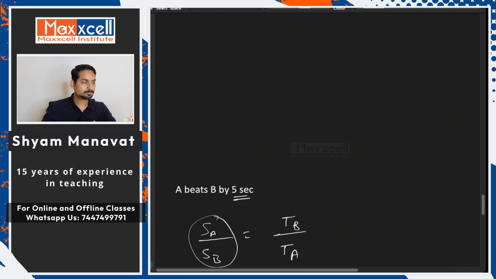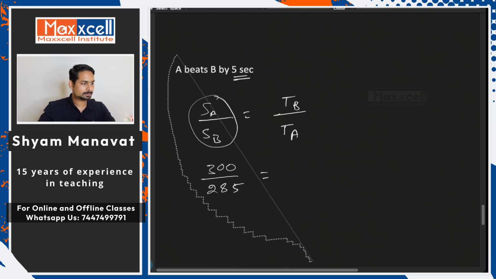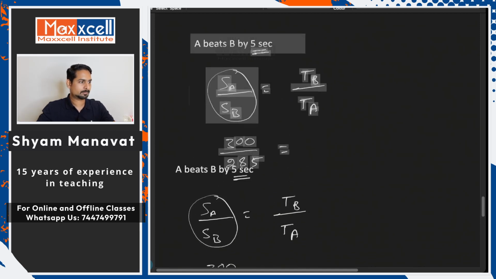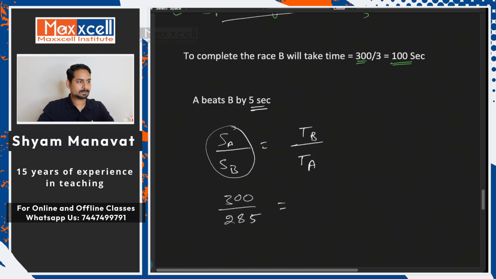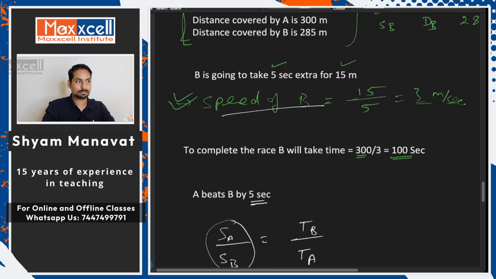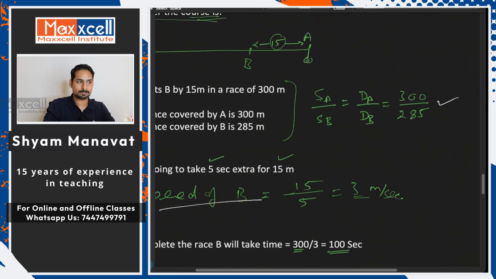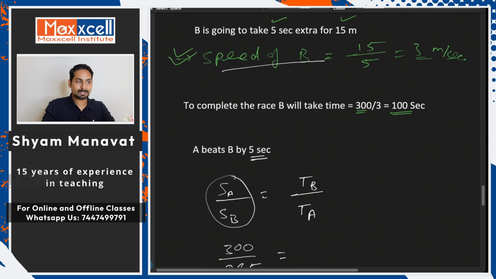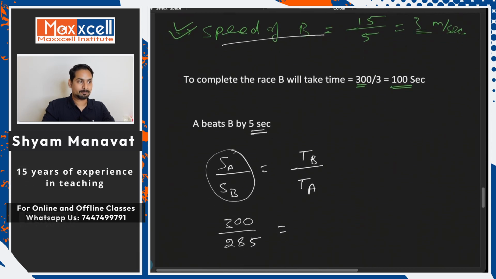Now take this case. The ratio of speed of A and B, we got 300 by 285. From where? From here. And that is equal to time taken by B by time taken by A. From where?